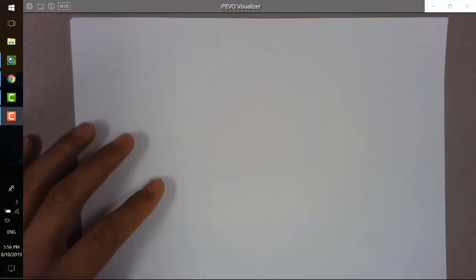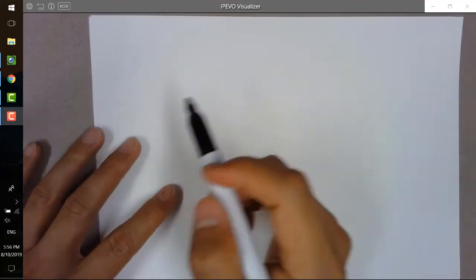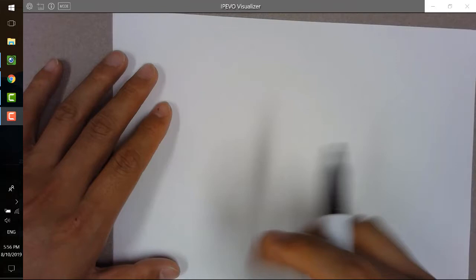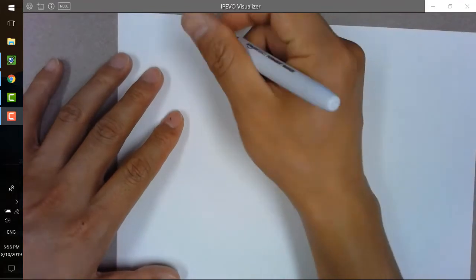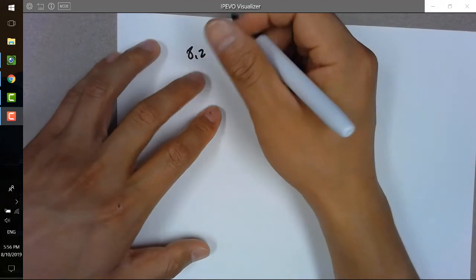Now let's take a look at the example for identifying static 1 hazard and static 0 hazard from K-map, and then try to fix it. So it is actually example 8.2 from the textbook.